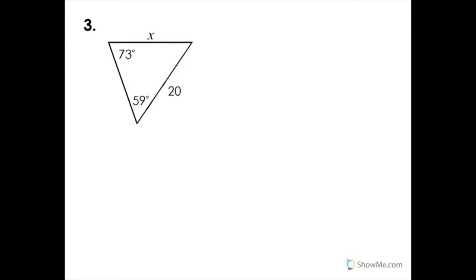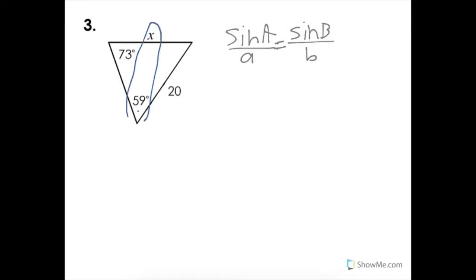Okay, let's look at number 3. So remember, you only need 2 fractions because we're setting up a proportion. So your formula would look like that. So we want an angle and the side that it is across from. So here's 59, angle, and then the side that it's across from will be x. So I'm going to loop those together.